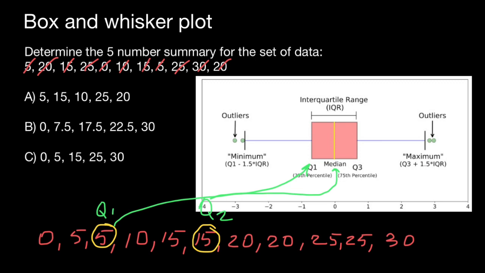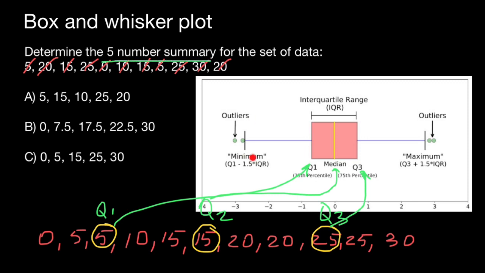Now what about quartile 3? This is going to be the median of the upper numbers, which is this 25 here, and it stands for quartile 3.